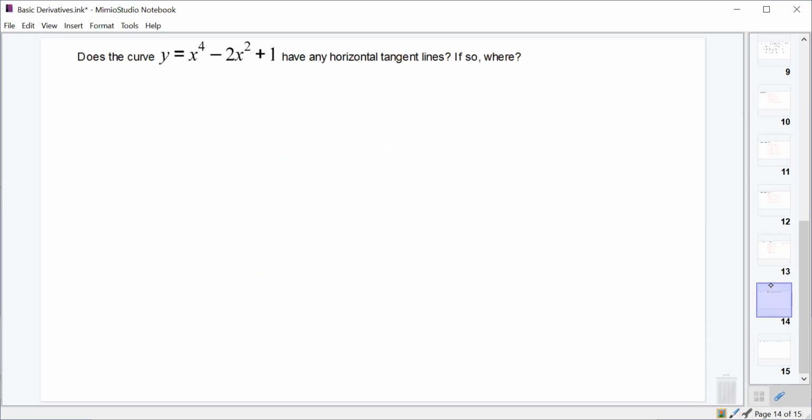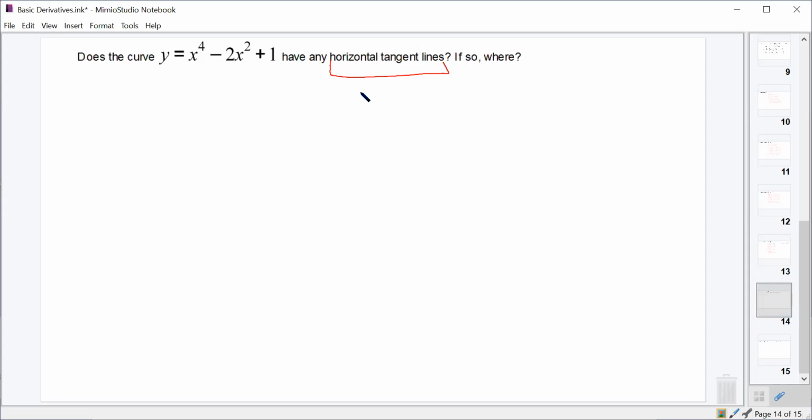All right. Let's take a look at a new function, x to the 4th minus 2x squared plus 1. I'd like to know, does this function have any horizontal tangent lines? Before we even try to figure that out, what is a horizontal tangent line going to mean?